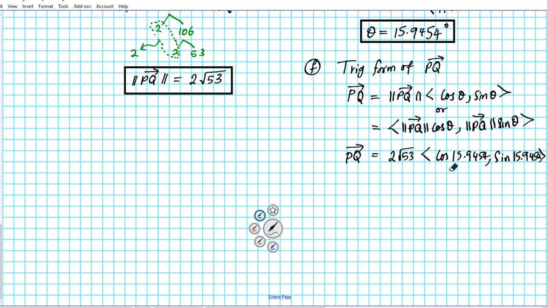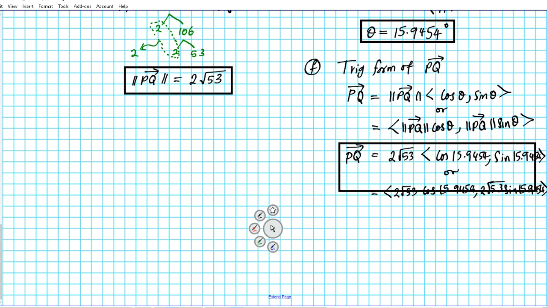All right, this is one way of writing it, or you can write it as pointy bracket 2 root 53, cosine 15.9454, comma 2 root 53, sine of 15.9454, pointy bracket. Okay, so that's how you write vector PQ in a trigonometric form.